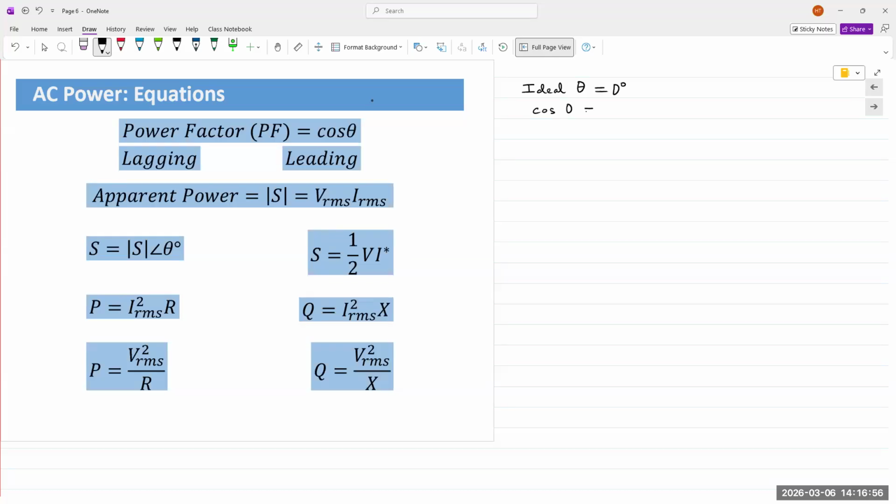Cosine of 0 is equal to 1. Power factor is expressed as a percentage, and we would say power factor is equal to 100% because the reactive power is equal to 0. This is the highest possible value.